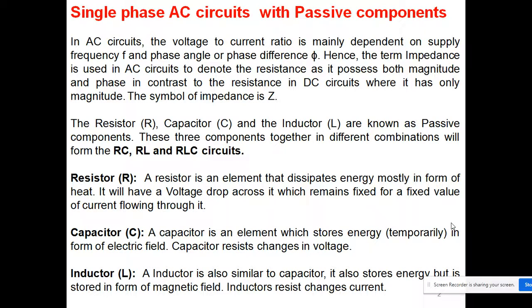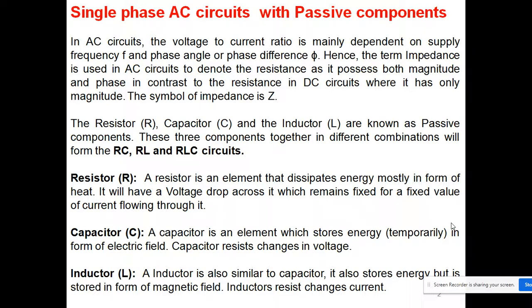When we are talking about a resistor, it is an element that dissipates energy mostly in the form of heat. It will have a voltage drop across it which remains fixed for a fixed value of current flowing through it. So we can say it is a property which opposes the flow of current. The capacitor is an element which stores energy in the form of an electric field, and it resists change in voltage.